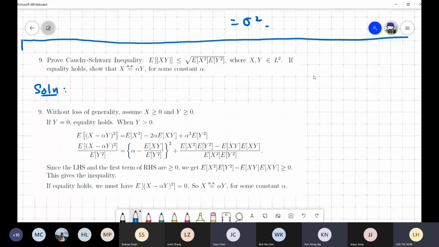So this is always less than or equal to, and equality holds if and only if X is equal to alpha Y almost surely for some constant.